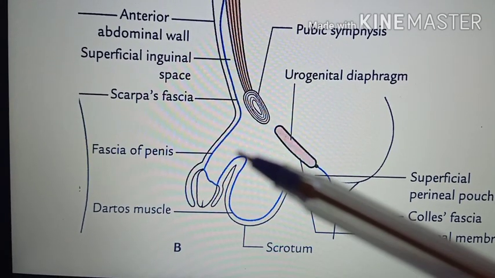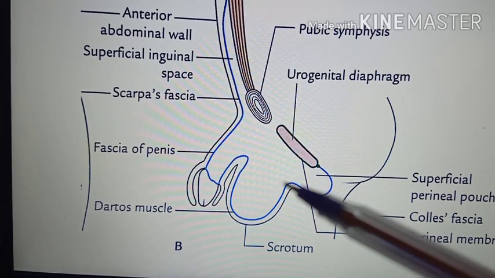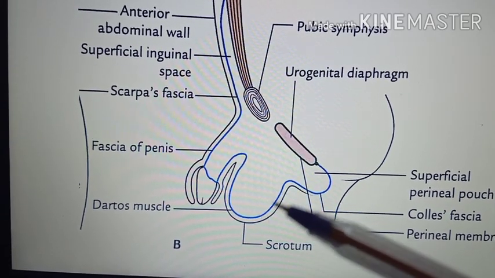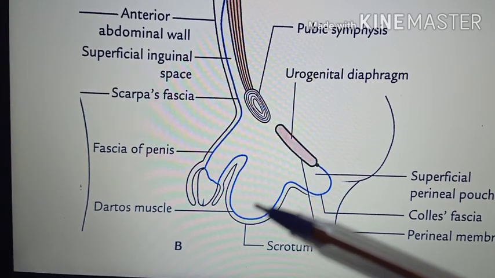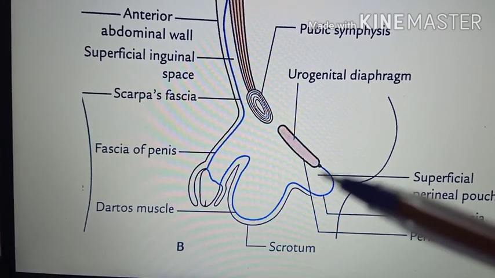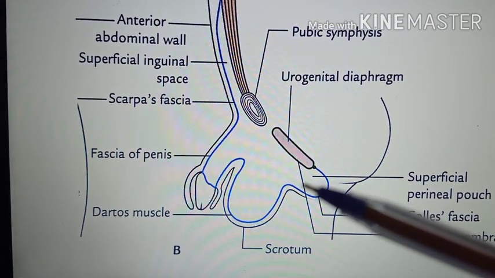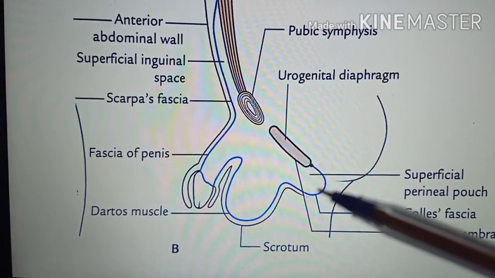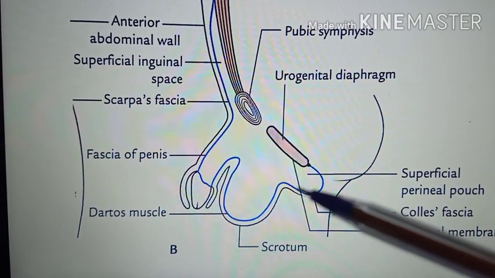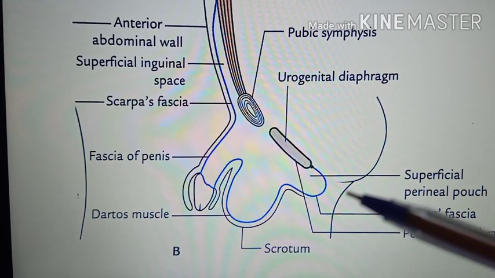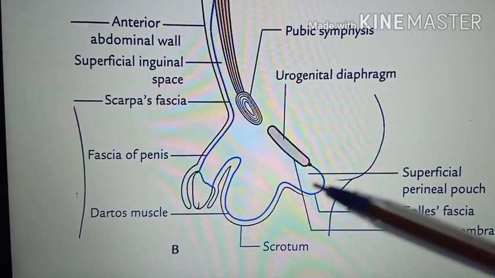Then they also continue into the scrotum where it is replaced by the dartos muscle. Then they continue into the perineum to form the superficial fascia of the perineum, called the Colles fascia, C-O-L-L-E-S.